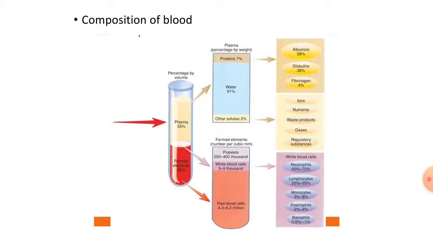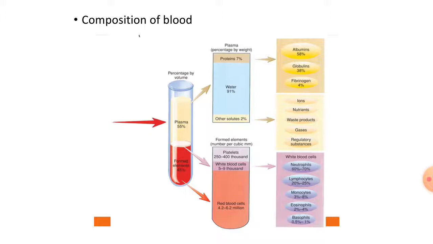It could be bright red when the amount of oxygen is high, or dark red in color when the oxygen is low. And the blood constitutes about 20% of the extracellular fluid and about 8% of the total body mass.